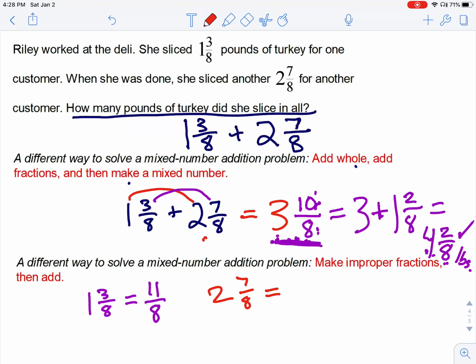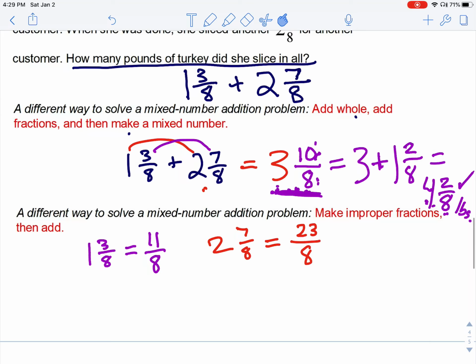That is the same as, can you convert it on your own? See what you get. You do 16 plus 7 more is 23. Yes, 23/8. Good.